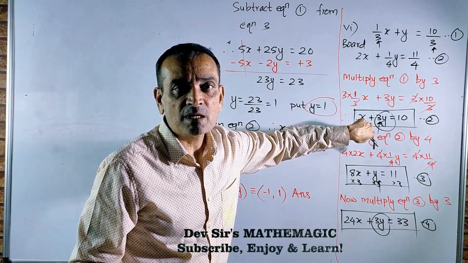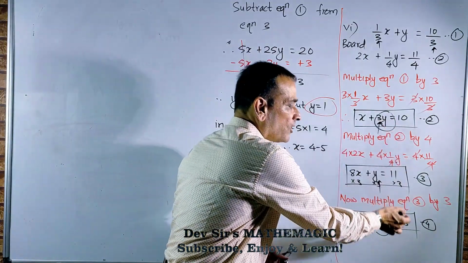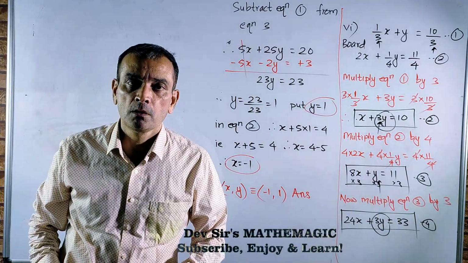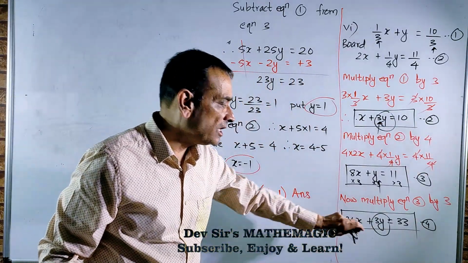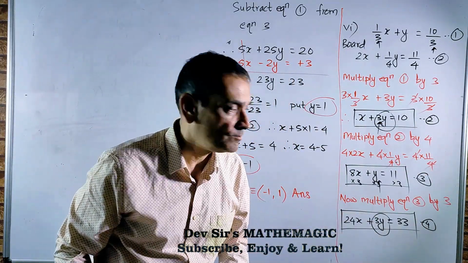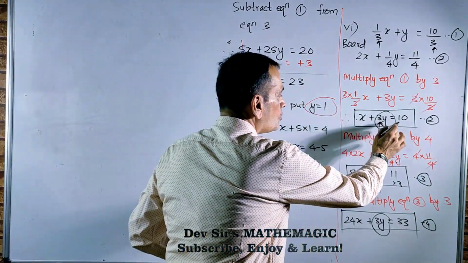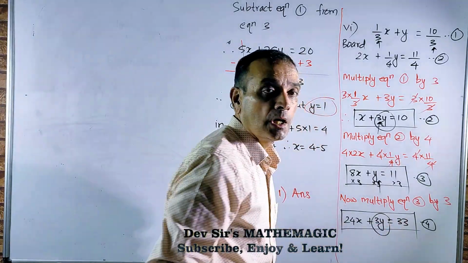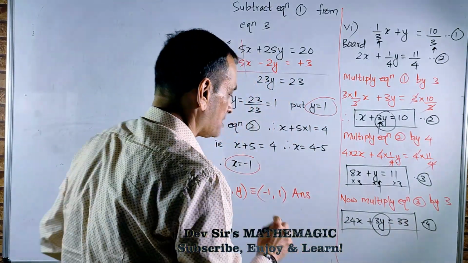Now when I am saying I am subtracting equation 2, क्या लिखना है? Subtract equation 2 from equation 4. Because I want to change the signs of equation 2. Equation 4 को कुछ करना नहीं है. देखो, subtract 2 from 4. मैं बोल रहा हूँ from 4. So I will write equation 4 first.